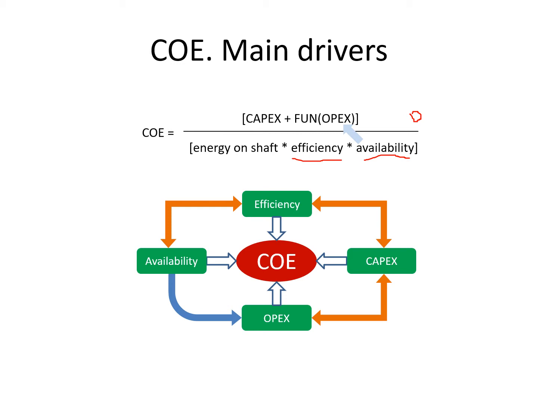All this will cost to build, and also there will be costs associated with running this park, like maintenance of the components, repair, and so on. So CapEx, capital expenditures, are the costs of building, and OpEx, operational expenditures, are the other part of the costs associated with operation after the wind park was built.